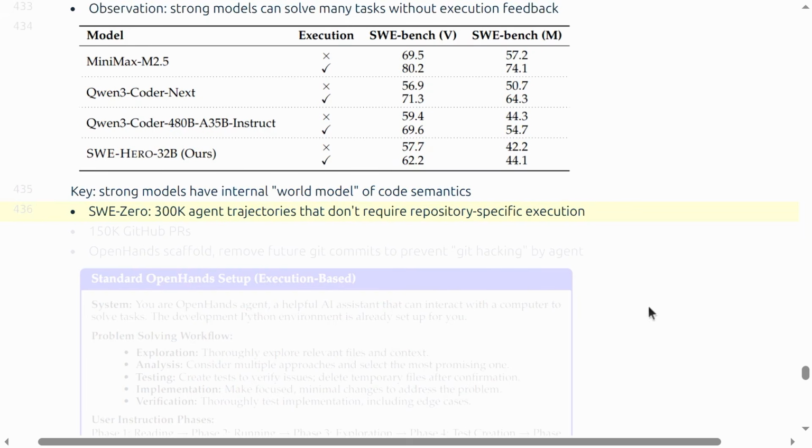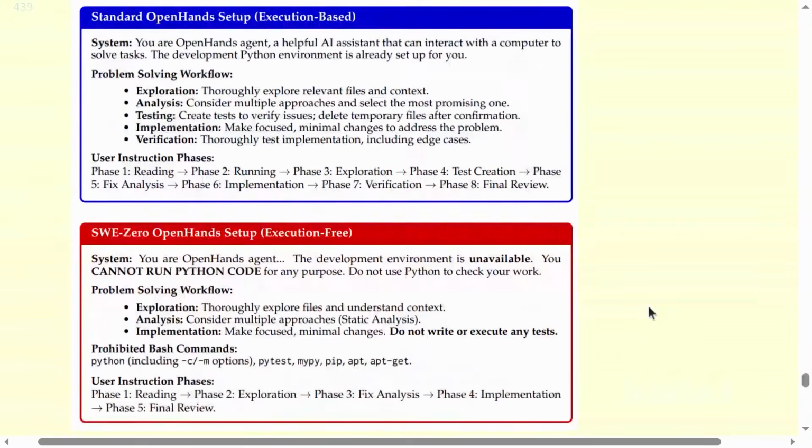So they were able to generate 300,000 agent trajectories. All of these are real GitHub PRs, so they're realistic, unlike the Smith examples. They used the OpenHands scaffold, and there are a lot of details, like how to prevent agent hacking.